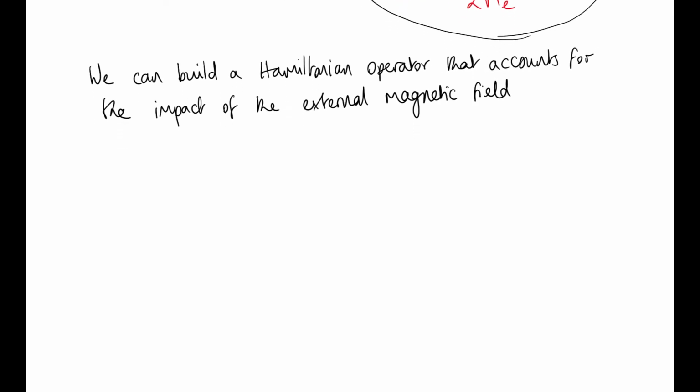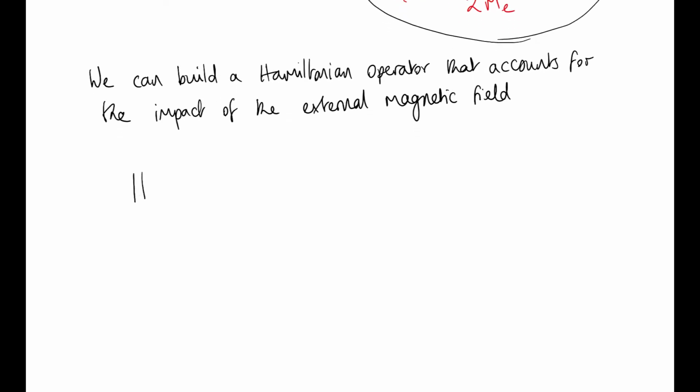So how do we do that? So our new Hamiltonian operator is going to be equal to our original Hamiltonian operator for the hydrogen atom, but now we've also got this additional term. And remember, our second rule after we've determined the classical physics of our system, then we start to replace certain observables with their quantum mechanical operator.